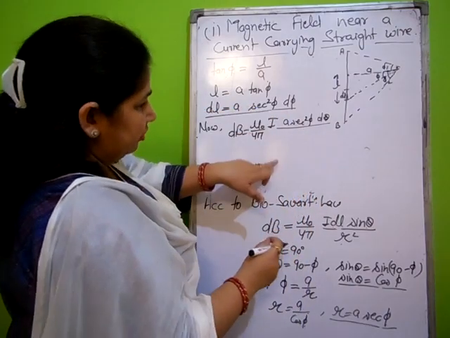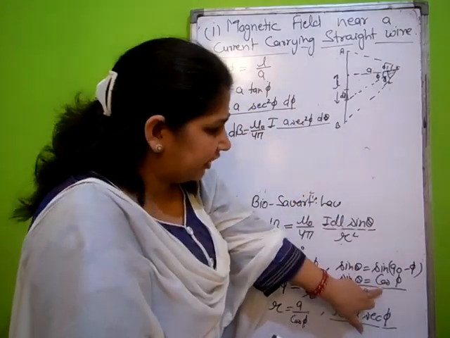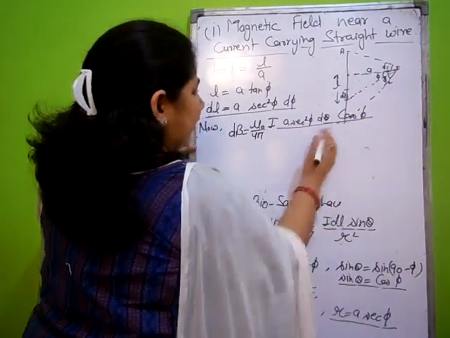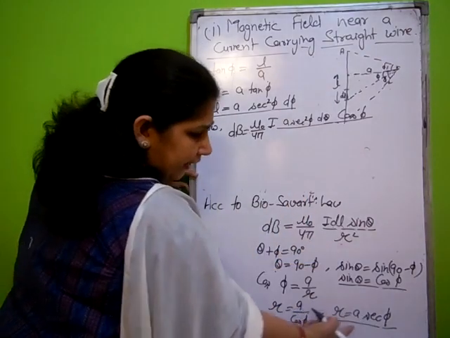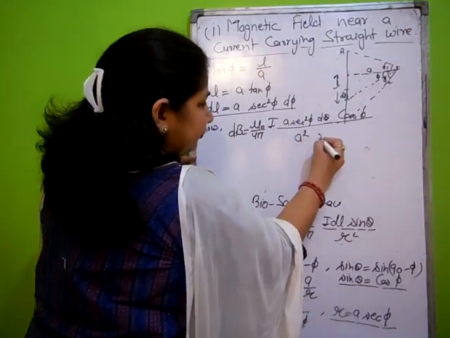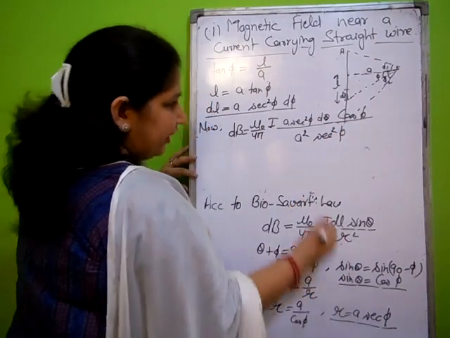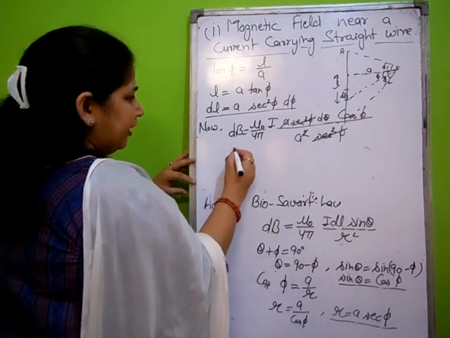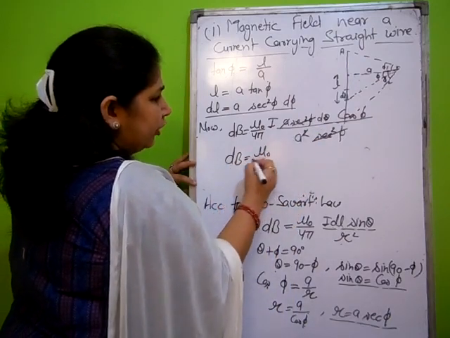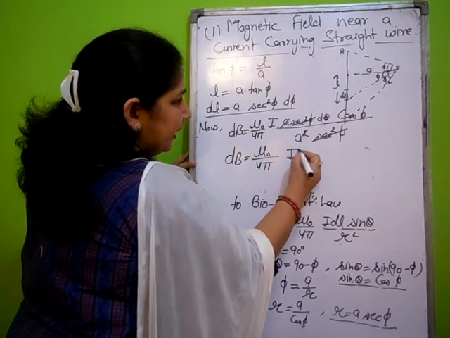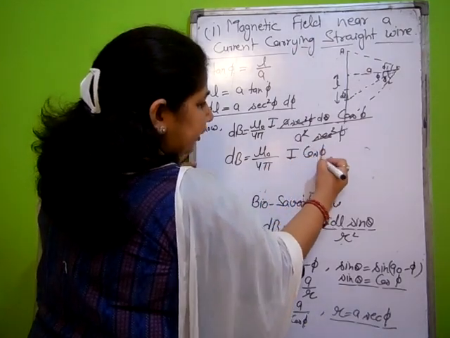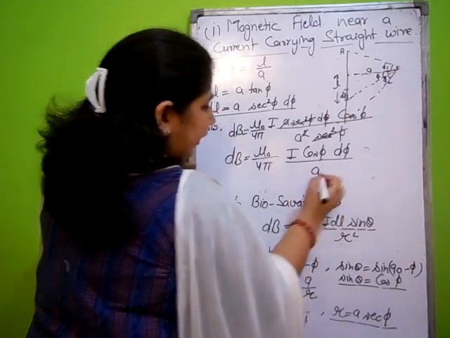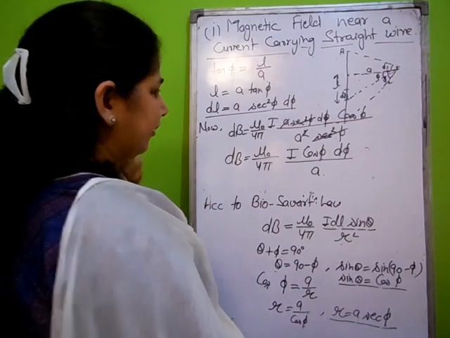In place of sin theta, I will write cos phi. Then in place of r square, I will write A square sec square phi. Then sec square phi cancels out. Then we have dB is equal to mu naught upon 4 pi I cos phi d phi upon A. This I have.